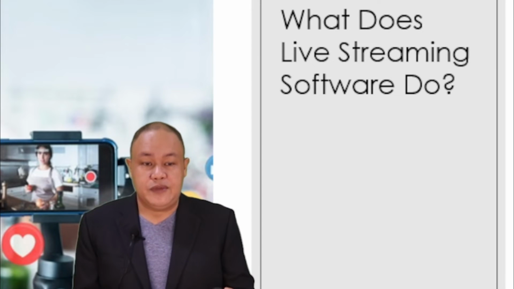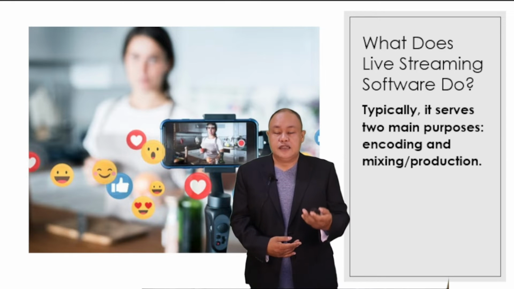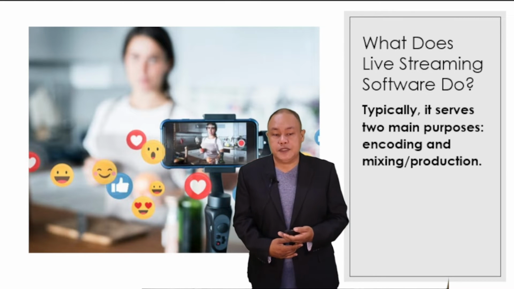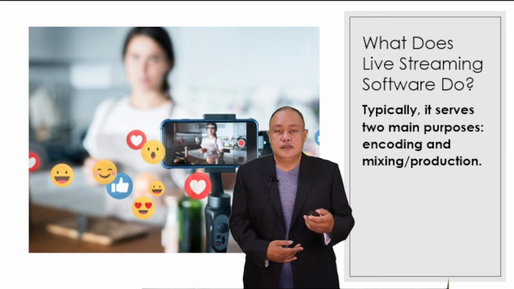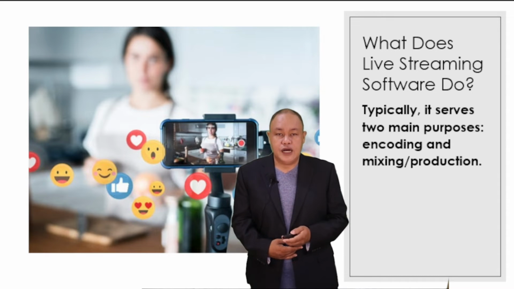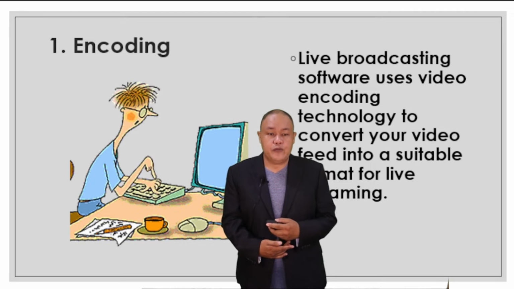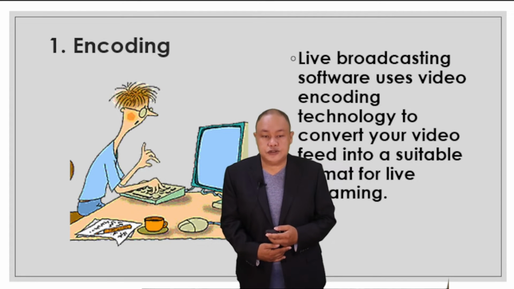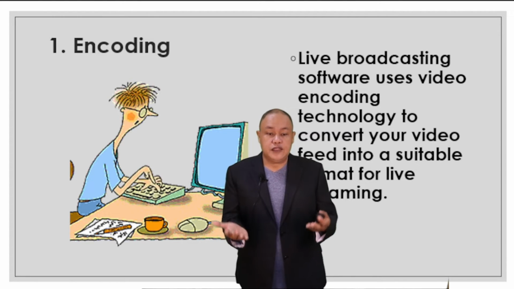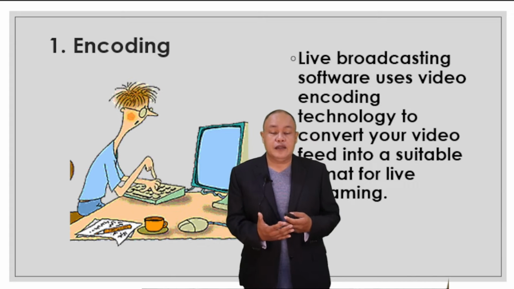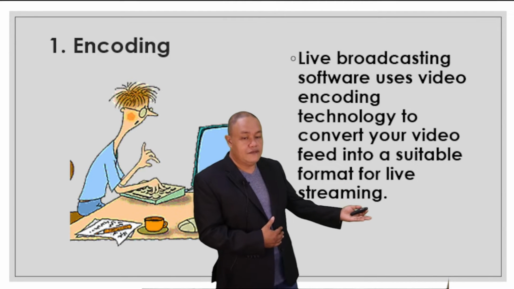What does live streaming software do? Typically, it serves two main purposes: encoding and mixing or production. Encoding: live broadcasting software uses video encoding technology to convert your video feed into a suitable format for live streaming.